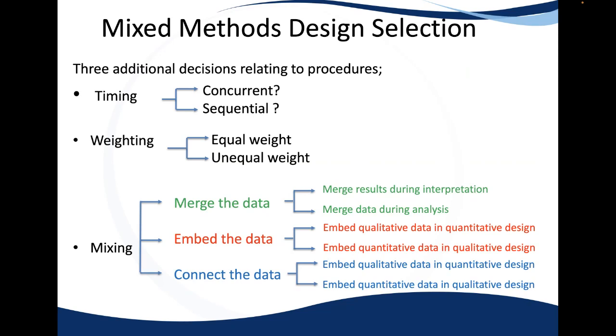So we've spoken about timing, we've spoken about the weighting. We're also saying it's important to know how the data is mixed. The embedding type of data is, if you think about embedding something, if I say to you, you must embed substance A onto substance B, I'm basically saying, look, you have a foundation of substance B and you take A and you kind of sprinkle it over that, and embed it, for lack of a better word.